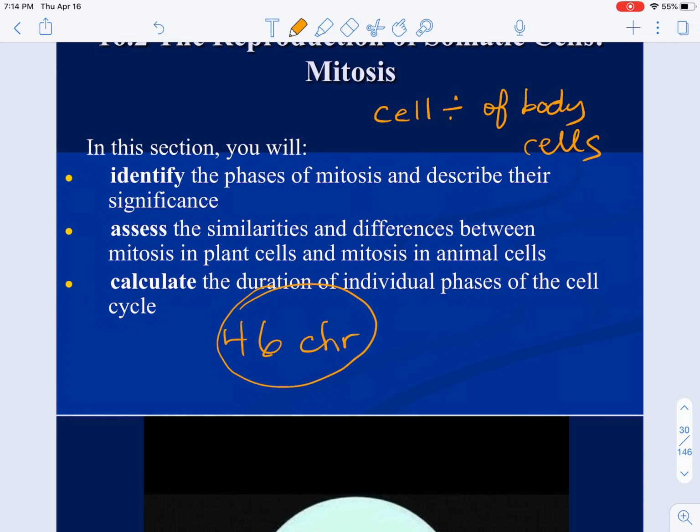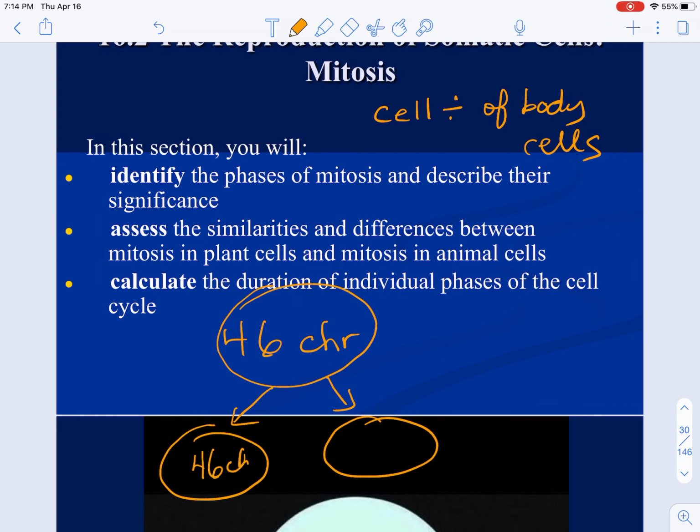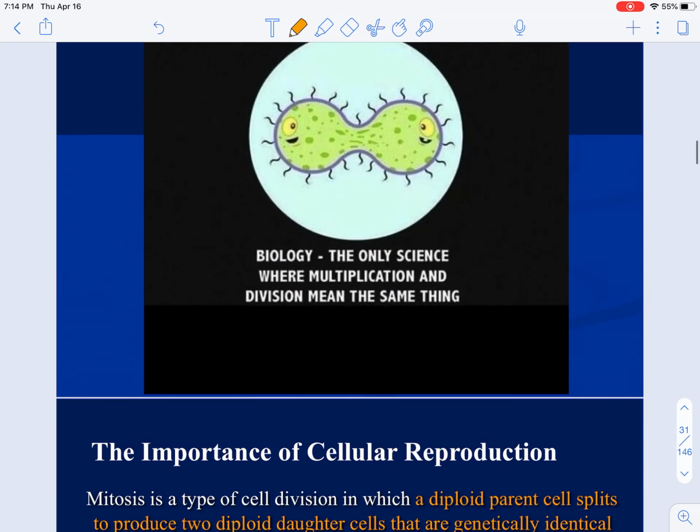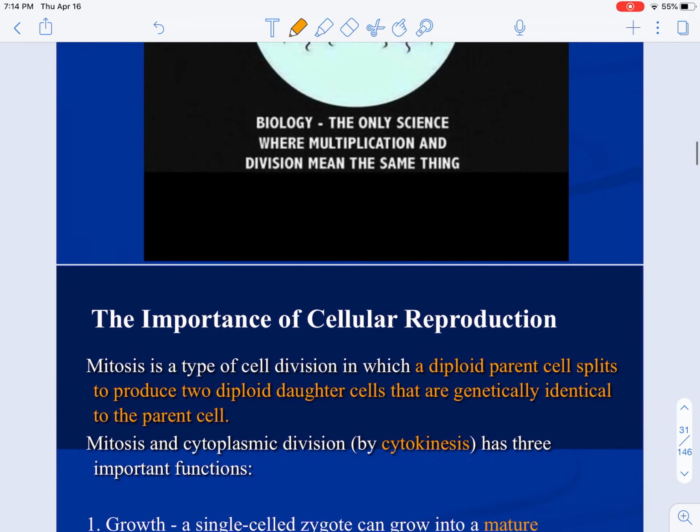So in mitosis, a body cell is going to double its DNA and split into two cells, each with also 46 chromosomes. So that's our topic today: how our parent cell splits into two daughter cells that are exactly the same genetically as the parent.